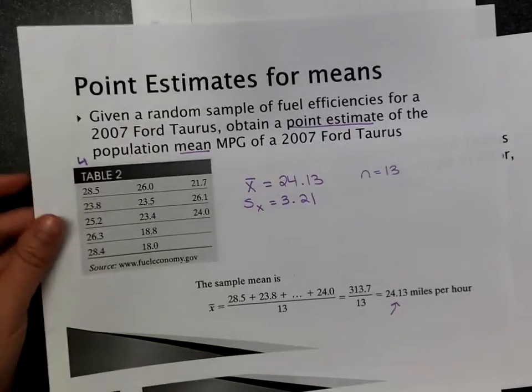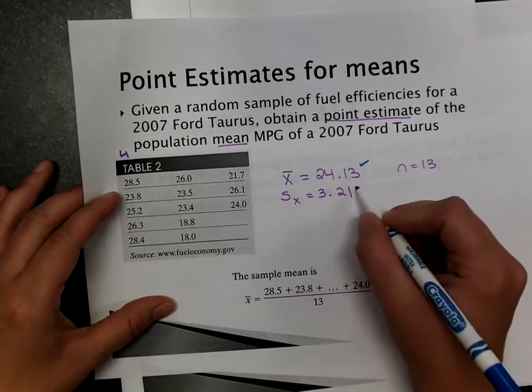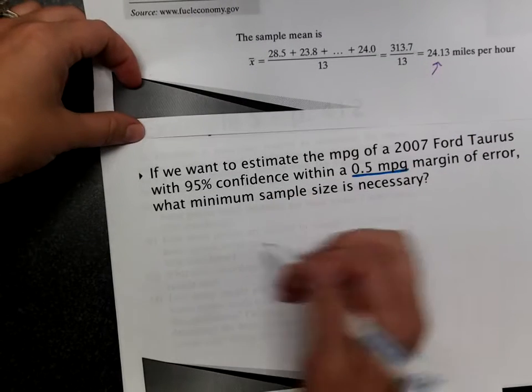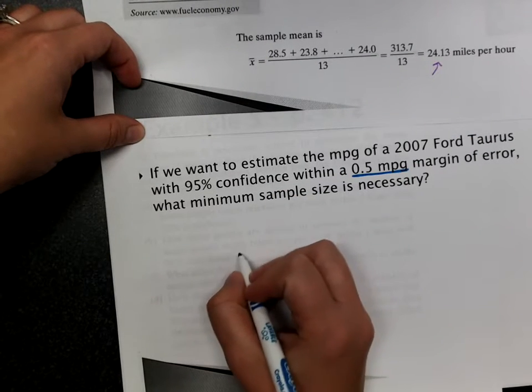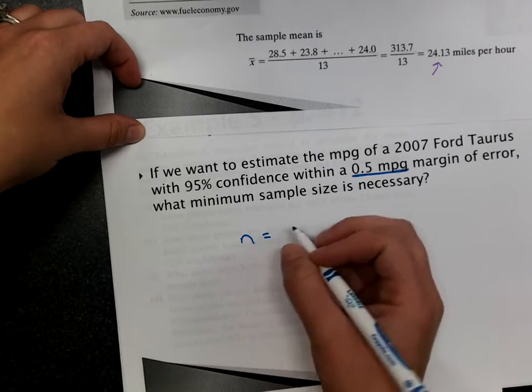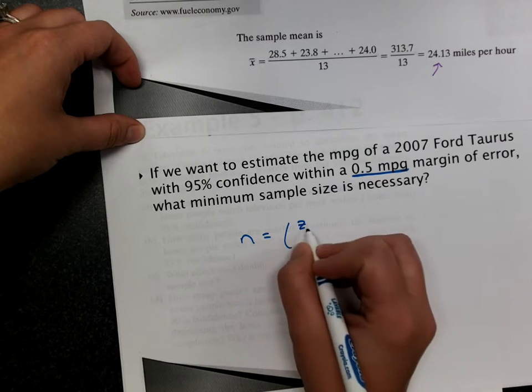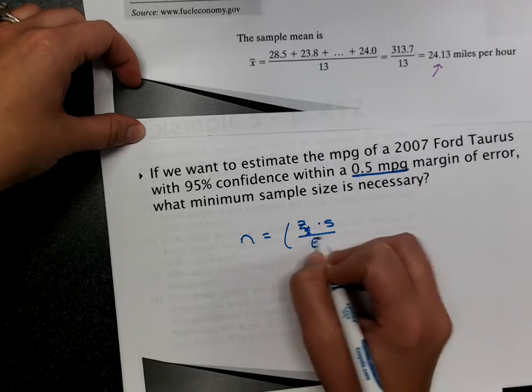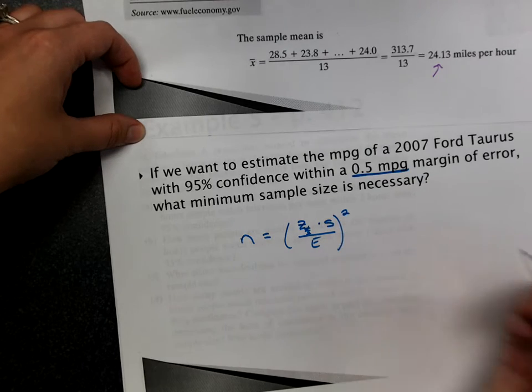So from the very beginning of this section, we know the X bar and we know the standard deviation. We're not going to worry about the sample size this time. So we have n equals the z critical value times s over E, and the whole thing gets squared.